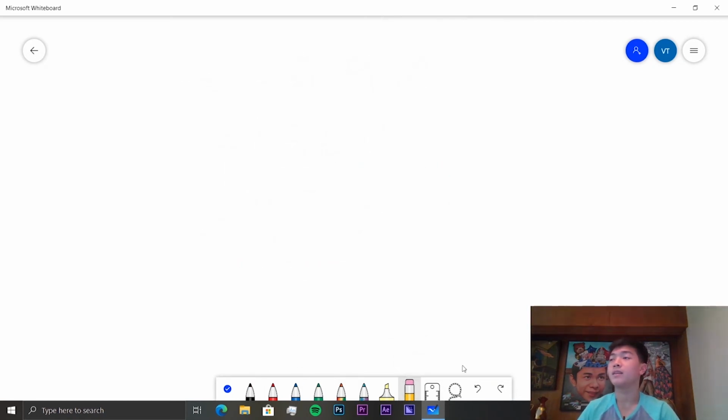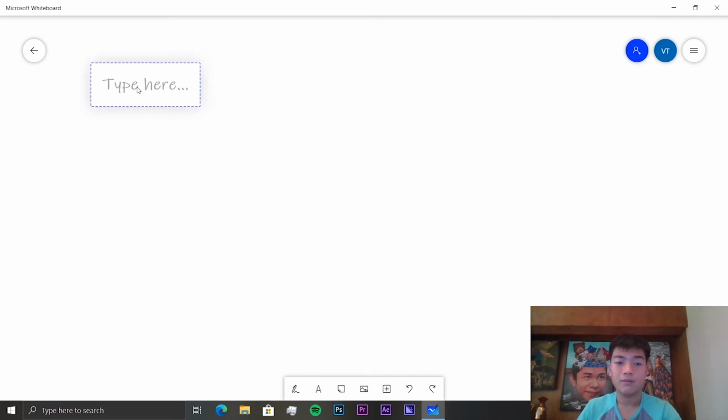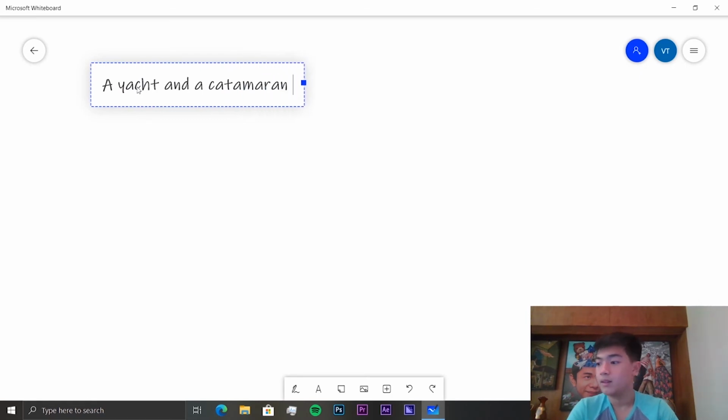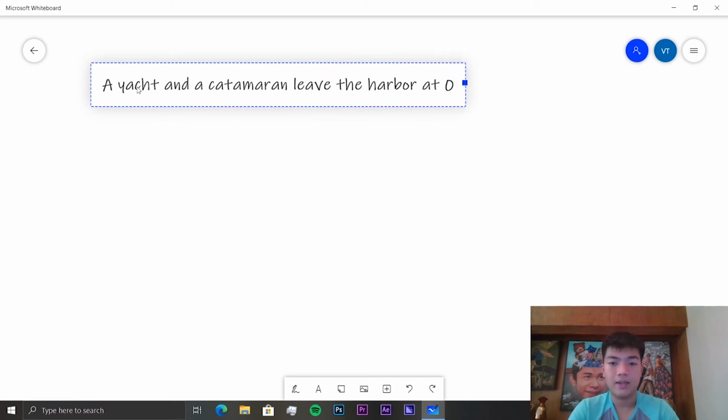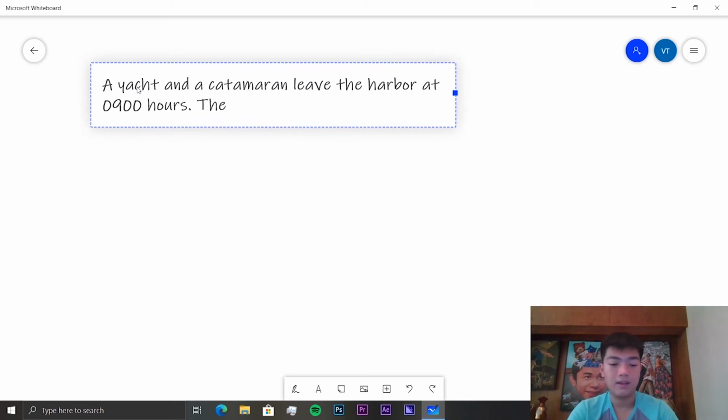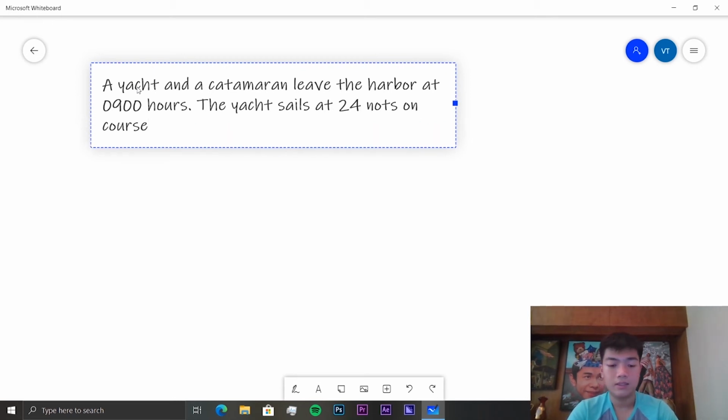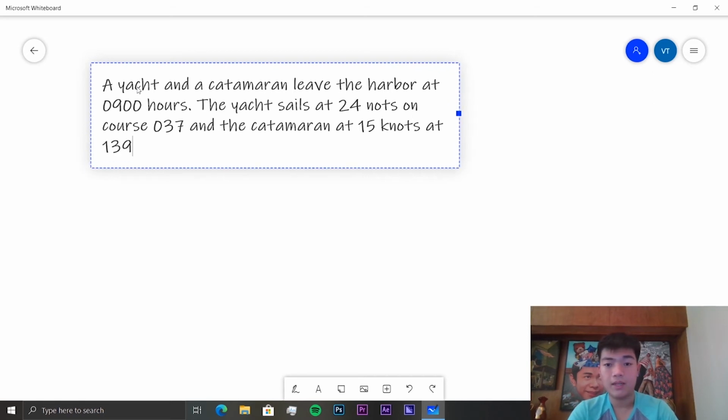And for the final question, we have a yacht and a catamaran leaving the harbor at 0900 hours. The yacht sails at 24 knots on course 037, and the catamaran at 15 knots at 139.